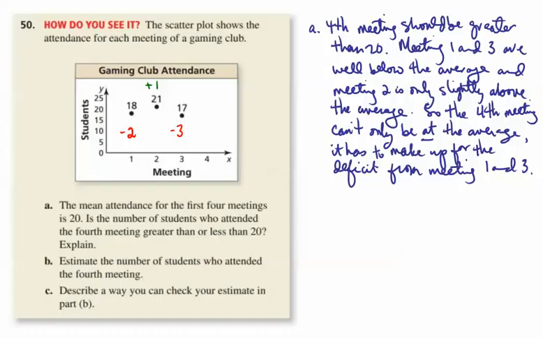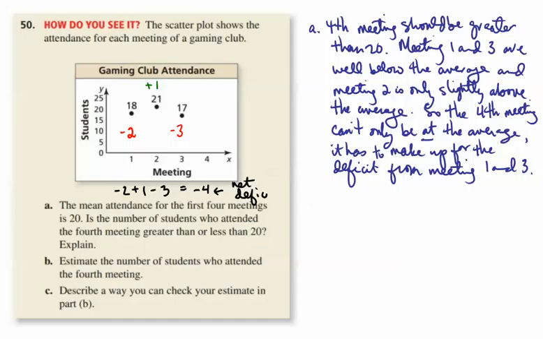Sure. It has to be 20 for the average. Plus it has to make up the net deficit from the first 3 meetings. You were down 2 the first, up 1 the second, down 3 the third, so you have a net deficit of -4.